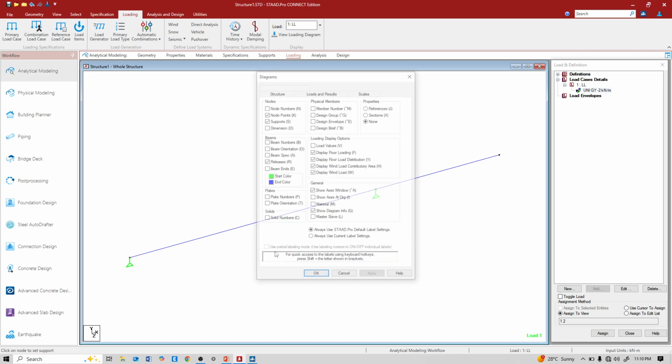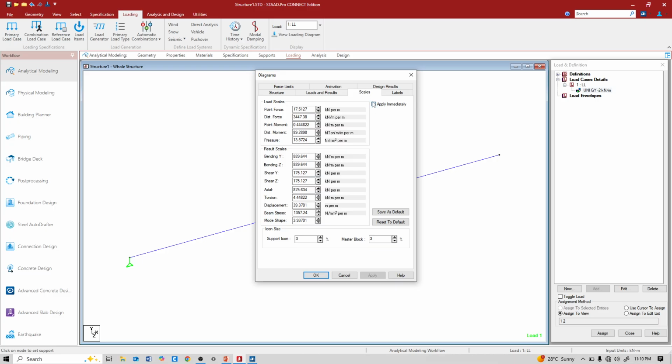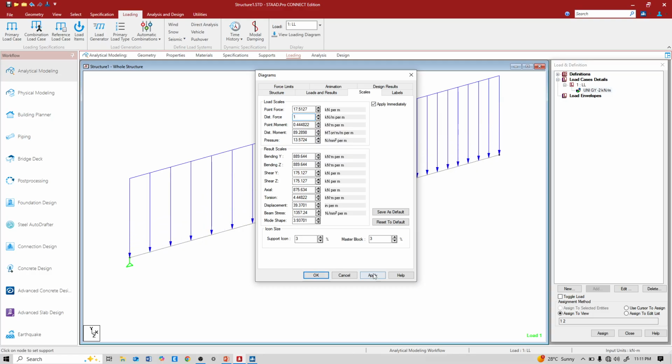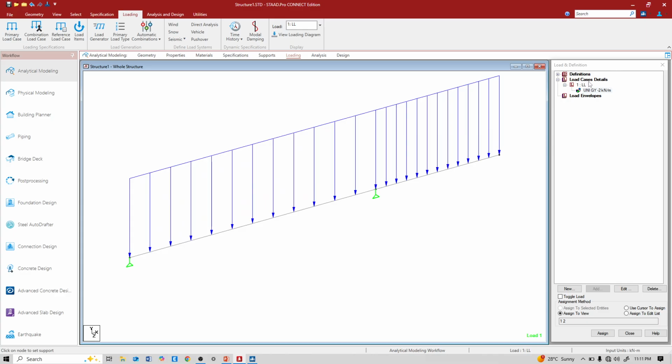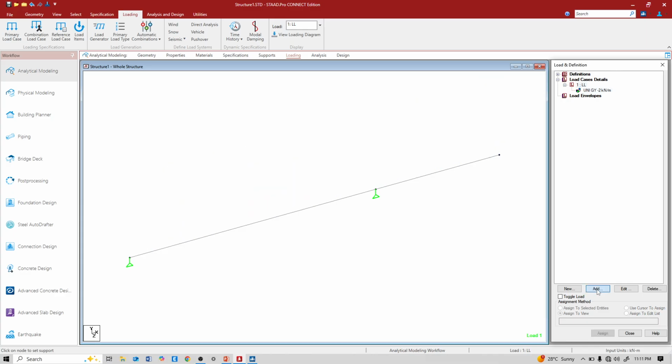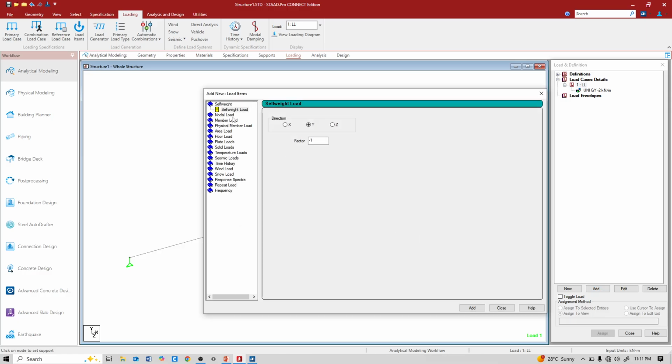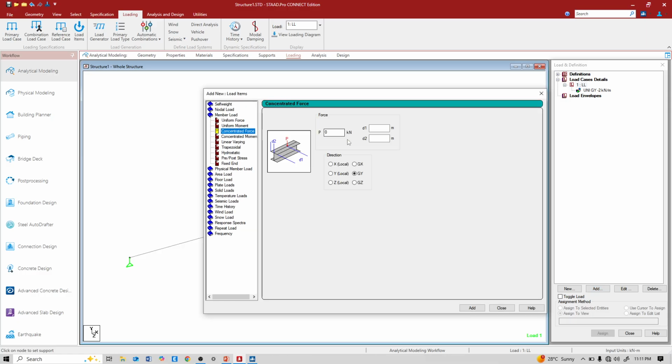Right click, labels, scale. See this UDL is correctly acting. Now apply concentrated point load at this point C. It's minus 5 kN at a distance 3 meter. Add, close. Why distance 3 meter?